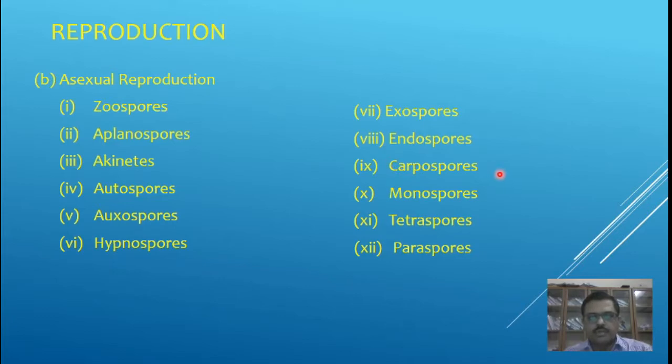And there are carpospores, which are formed from special structures called the carposporangium. Monospores are also found developed within specialized structures. There are tetraspores, which are spores that develop from the tetrasporangium. We find these different types of spores, and again we will be seeing them in detail as we discuss the types of algae that we study, during the type study.